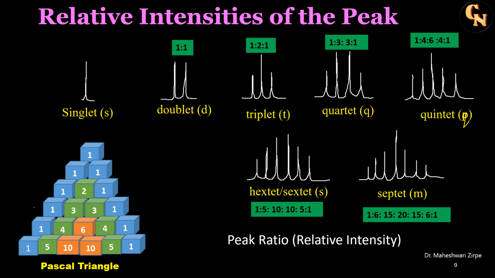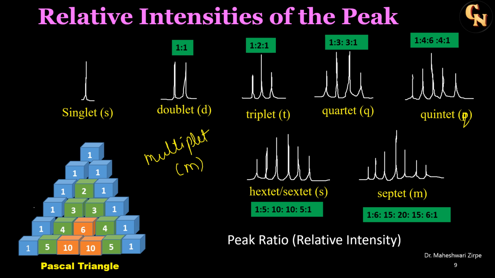Then basically after quartet, if we have multiple peaks, we call it a multiplet, and it is denoted by small m. Multiplet indicates more than four peaks.